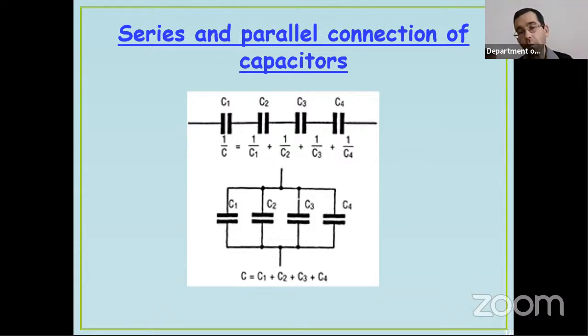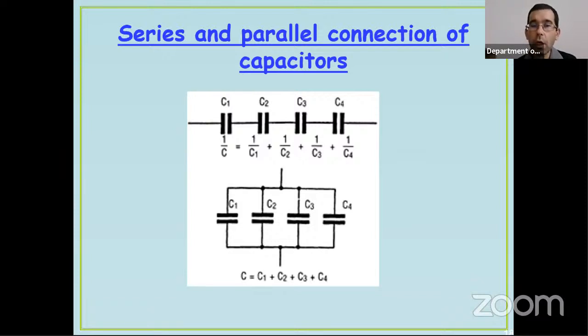And the other possibility is connecting them in parallel. The parallel connection is a kind of combination of the components, so that we connect the ends of the components, and that's how we form a new combined component from the individual elements.